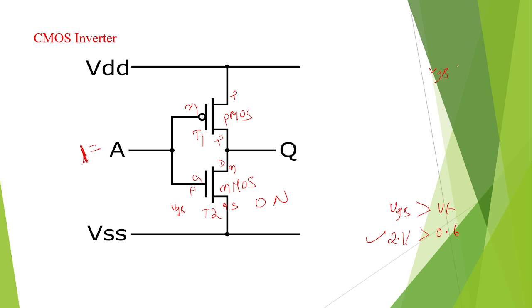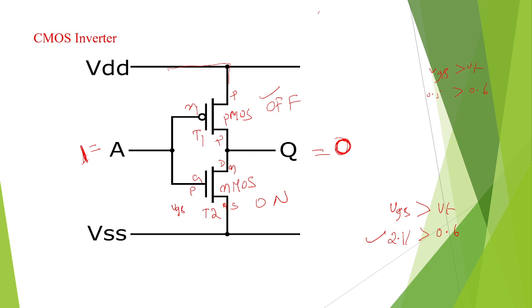Just assume it is 0.5, while the threshold voltage of the transistor is 0.6. So in this case, transistor T1 goes to the off condition. Hence VDD will not flow from here to here because it is off. So across the output there is nothing, hence the output is 0 while giving binary input 1.